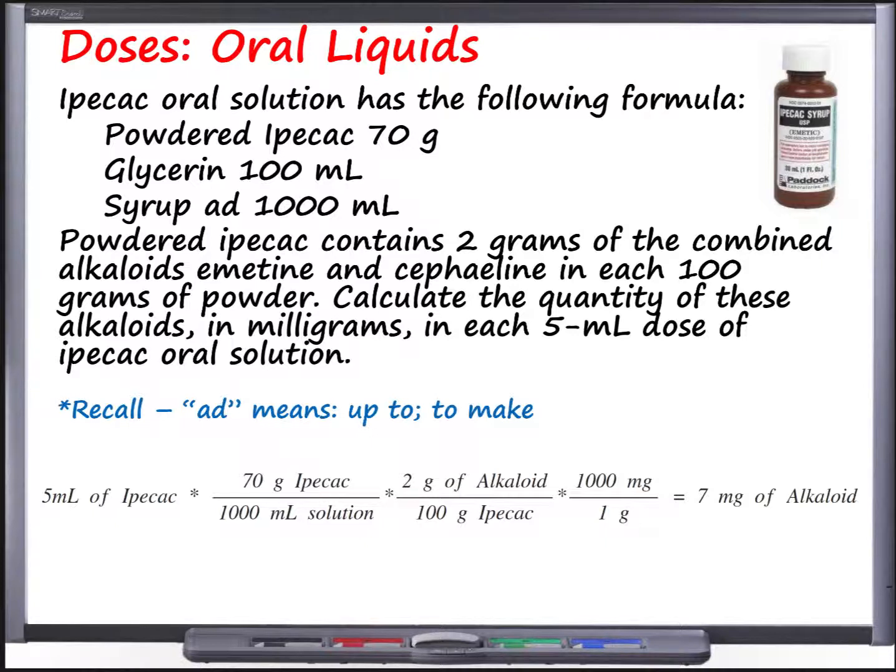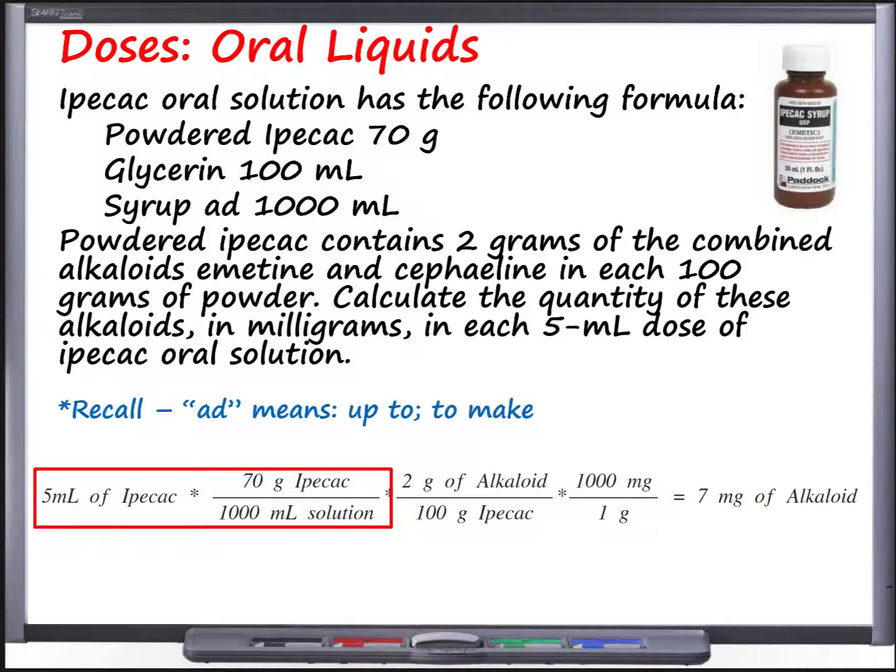Or this question. We need to start with how much of the active ingredient is in a 5 milliliter dose. So let's start with a 5 milliliter dose of Ipecac. Okay, that's on the far left. The first calculation is to figure out how much overall drug powder would be contained in that 5 milliliters.